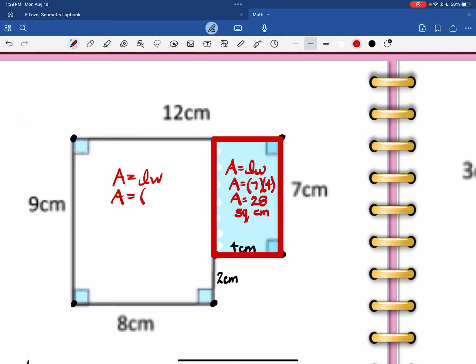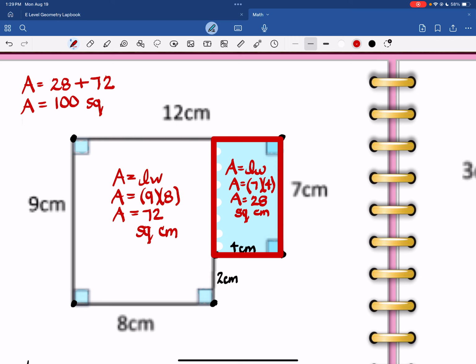So long side 9, wide side 8. Area is 72 square centimeters. So the area for the whole thing would be 28 plus 72. So the area for the whole thing is 100 square centimeters. So sometimes you have to find the area of a composite.